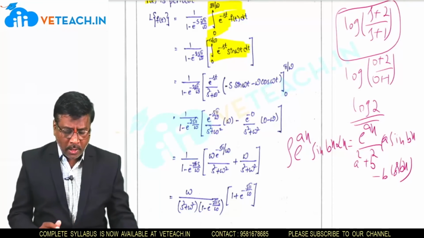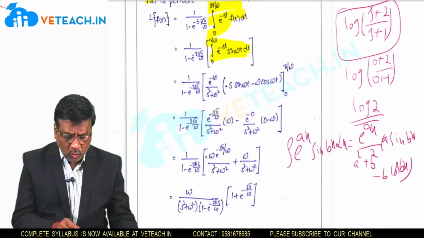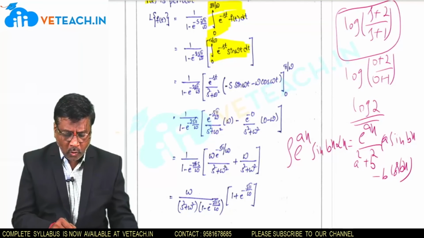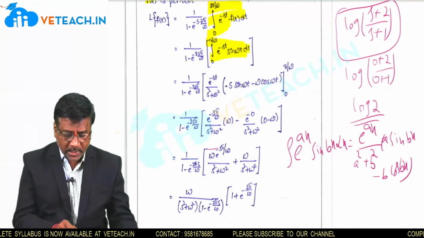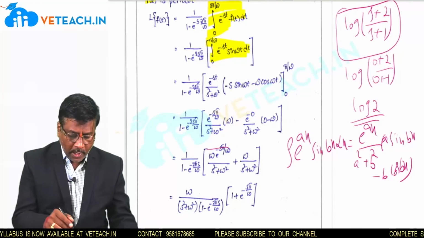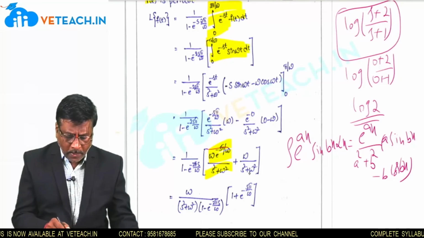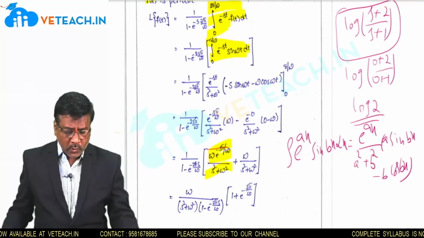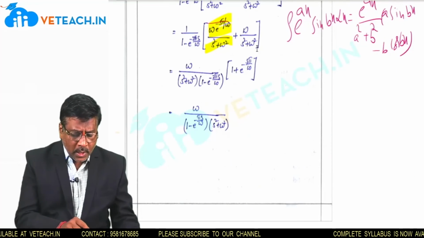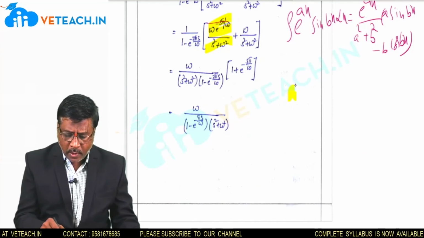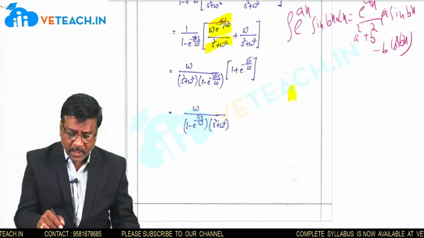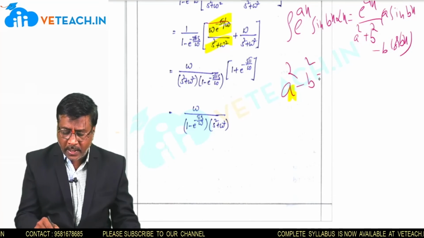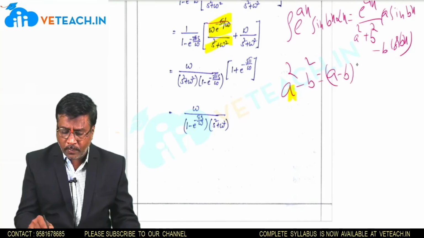Now we apply the upper and lower bounds, and we get omega into e power minus s pi by omega by s square plus omega square, and also omega by s square plus omega square. Please all of you observe this. It is in the form a square minus b square, so we split it as a minus b into a plus b.